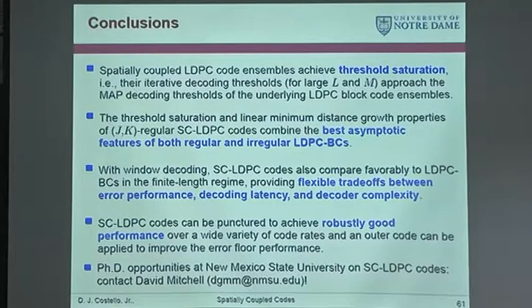So to summarize, spatially coupled LDPC code ensembles achieve threshold saturation, which means their iterative decoding thresholds approach the MAP decoding thresholds of the underlying block code ensembles.